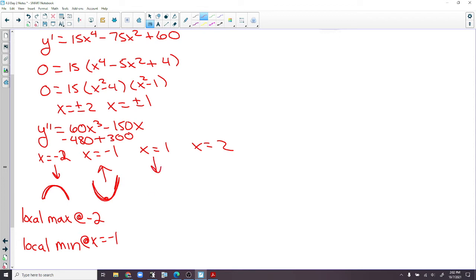That makes it concave down, that's a local max at x equals 1. Plug 2 in here, that's going to be 480, but then minus 300. That'll be positive, so concave up. That's a local minimum at x equals 2.